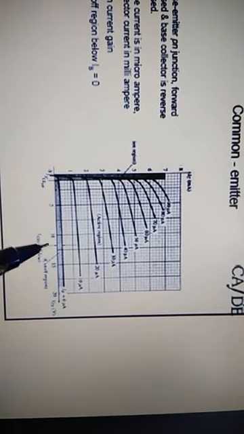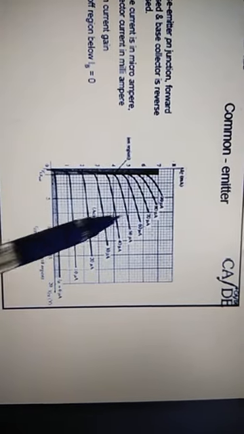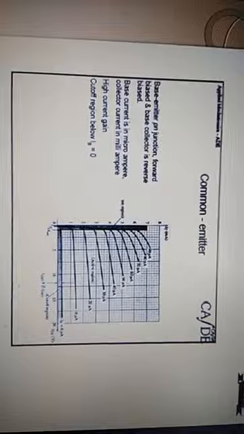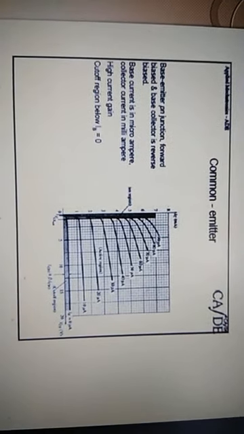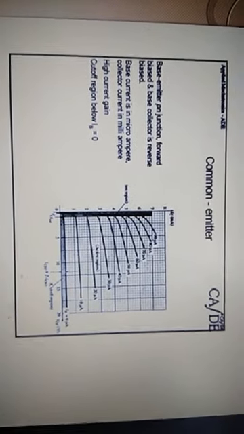On this side you will get the saturation region, and this is called the active region, where the transistor can be used as an amplifier. So this is cutoff region, this is saturation region, and this is active region. So you can show all three regions in the output characteristics of the common emitter amplifier, and you can determine the output resistance of the common emitter amplifier also.